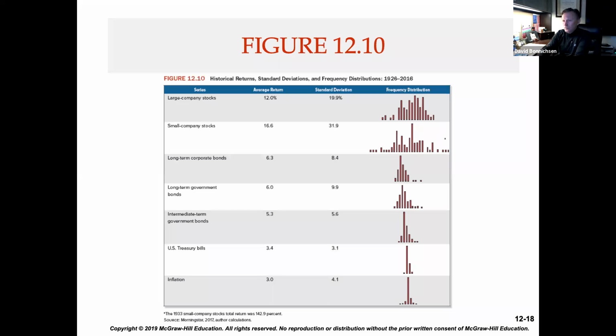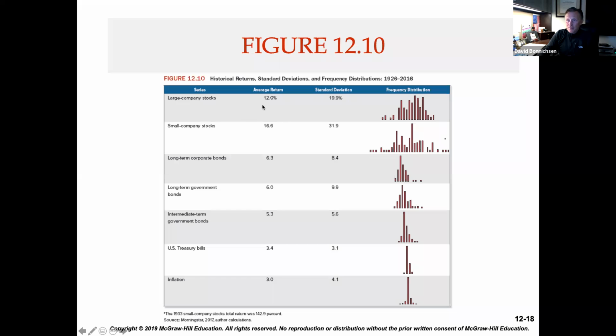So the higher the standard deviation, the more volatile that investment is. And if the higher standard deviation equates to higher volatility, AKA more risk, then you ought to see the higher returns for the most volatile, the highest standard deviation investments. And you do. Small cap had an average return of 16.6, standard deviation of 31.9.